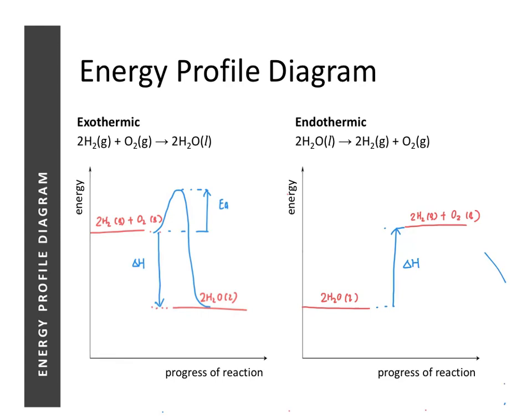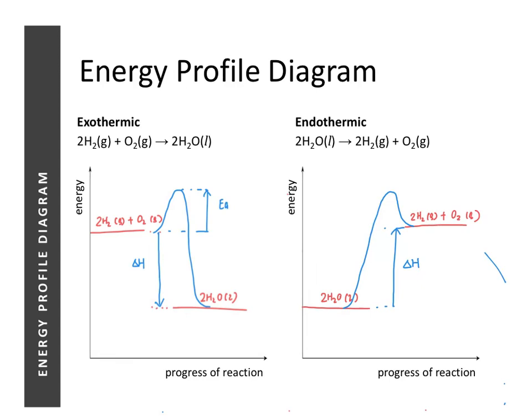Same thing, before water can form hydrogen and oxygen, the bonds in water have to be broken down. So the energy level will rise up before it comes down. This is how an energy profile diagram for the opposite reaction looks like.